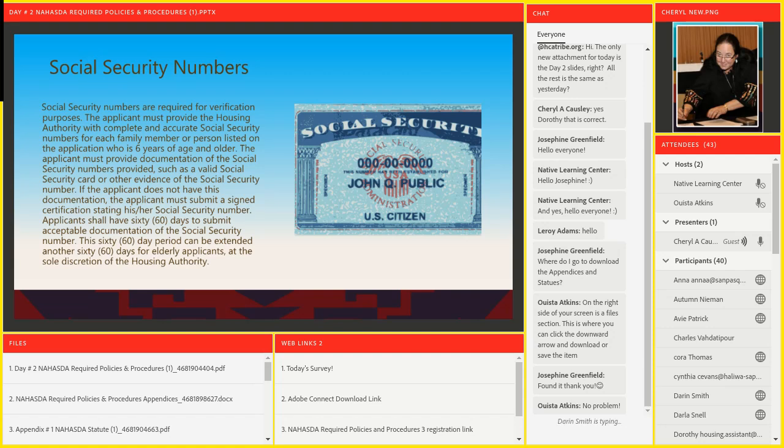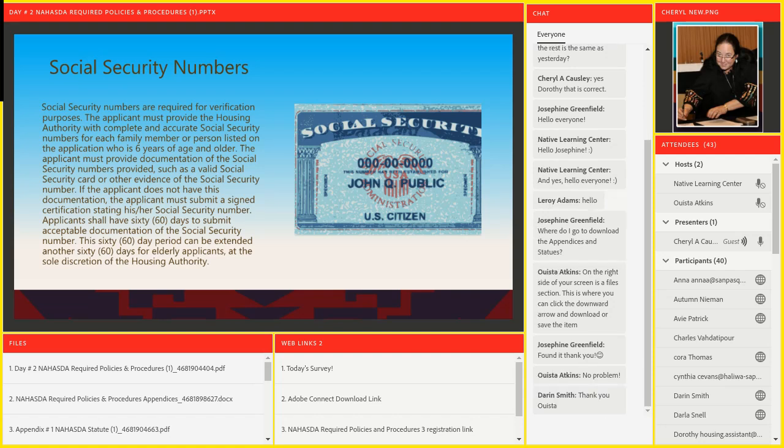If they don't have this documentation, the applicant must submit a signed certification stating, this is my social security number, and you need to write this in your policy, how long you're going to give them, what is the period of time until you expect them to bring that documentation in.